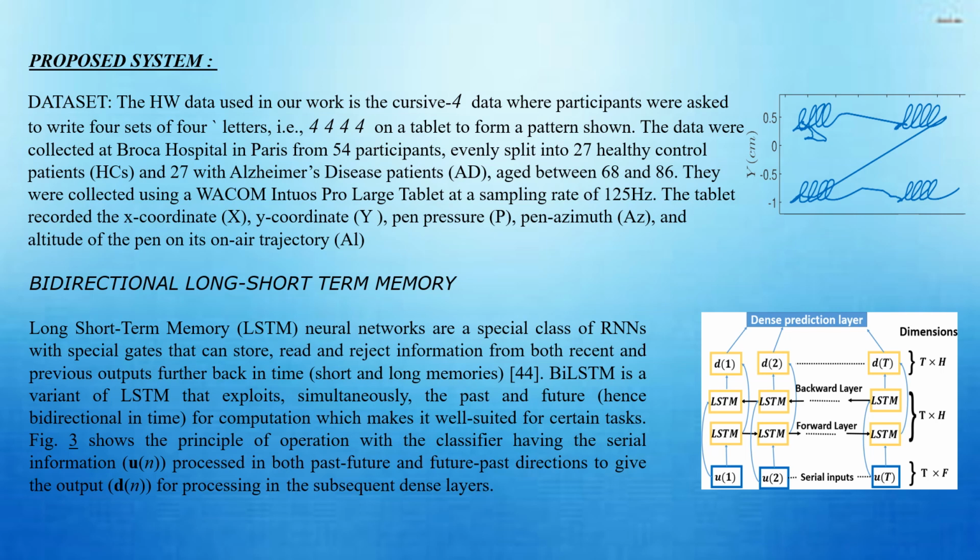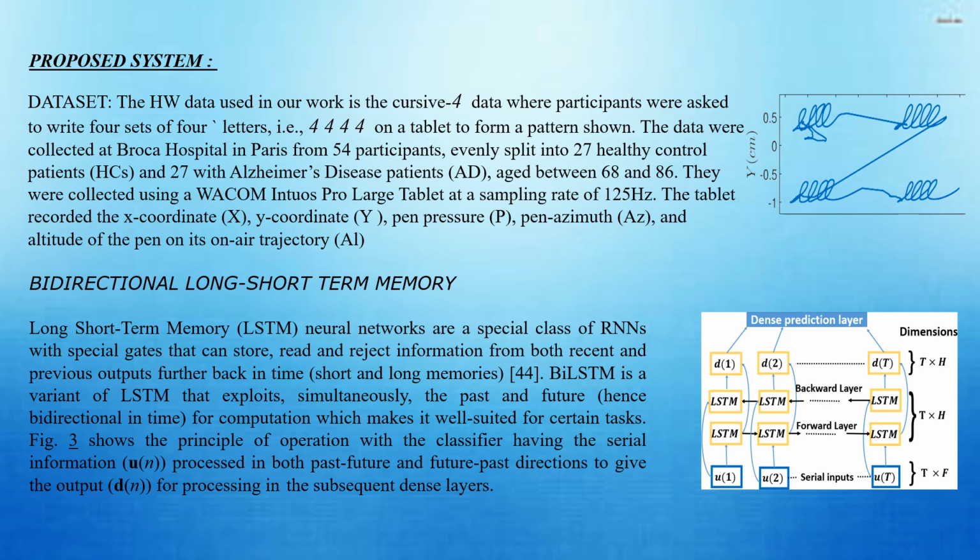The data were collected in a hospital in Paris from 54 participants, evenly split into 27 healthy control patients and 27 Alzheimer's disease patients aged between 68 and 86. They were collected using a large tablet at a sampling rate of 125 Hz.